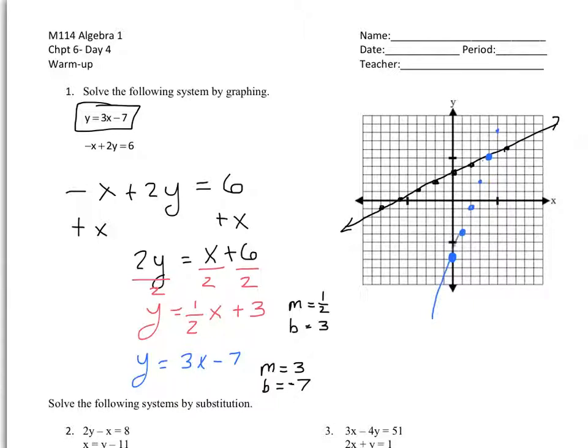So I see that I plotted a point twice. That point is right there. So the solution to my system is the point 4, 5. That coordinate point, that's the intersection.